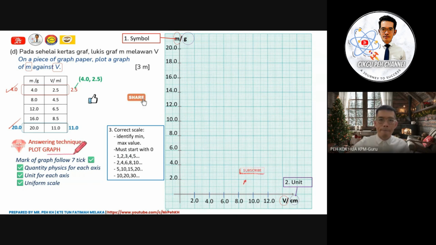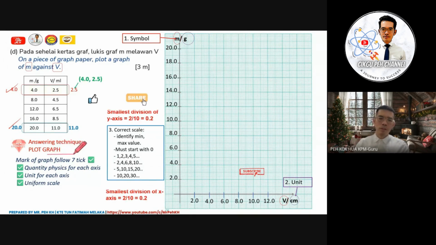The x-axis maximum value 11 is included, and I give up to 12. Then for the y-axis, the maximum value is 20.0, which is also the maximum value for the mass with 5 marbles. So the first point will be 4.0 and 2.5.